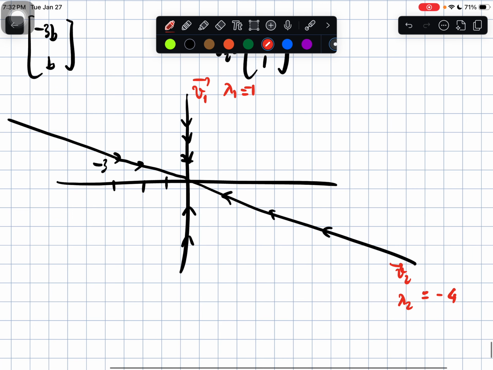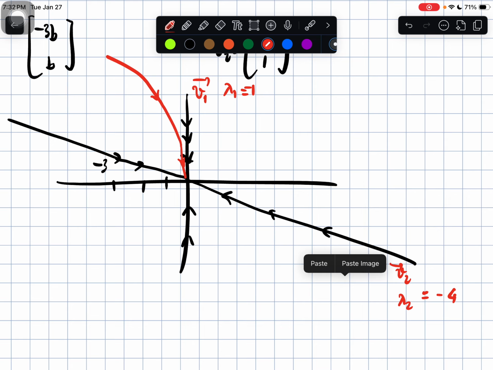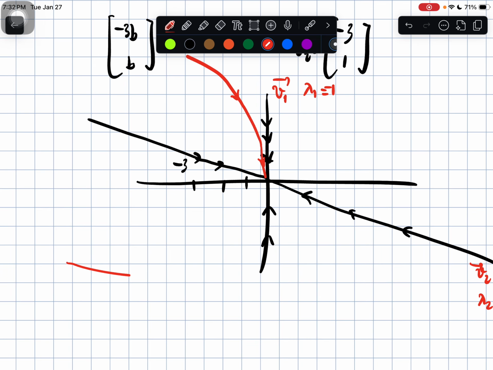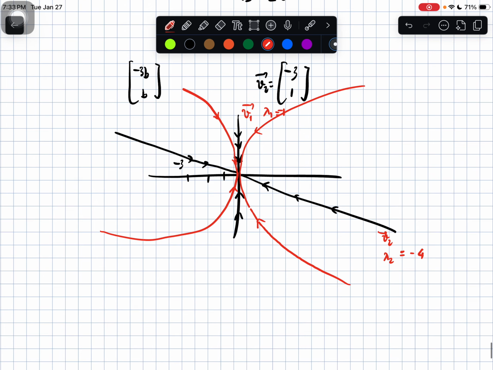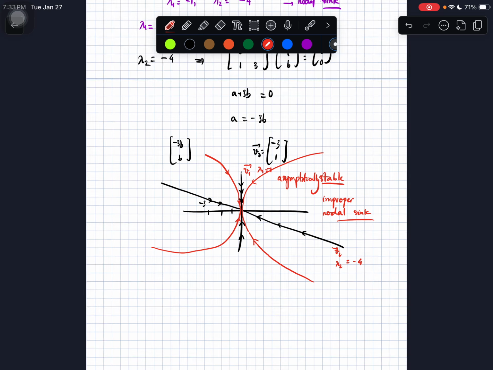Close to the origin it looks like this, and far away it spirals to V2. So this case is asymptotically stable and a proper nodal sink.